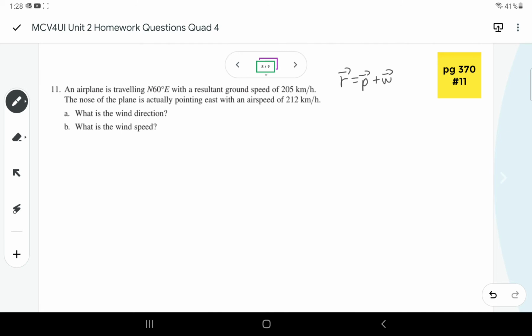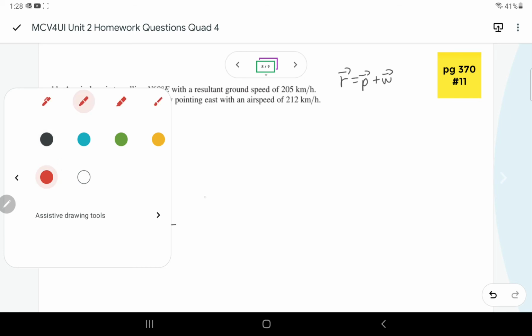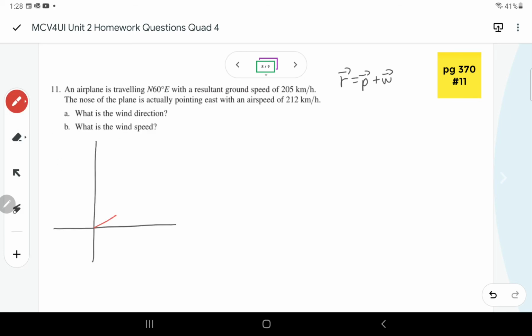An airplane is traveling north 60 degrees east, and this is going to be the resultant, with a resultant ground speed of 205. So the magnitude of the resultant is 205.